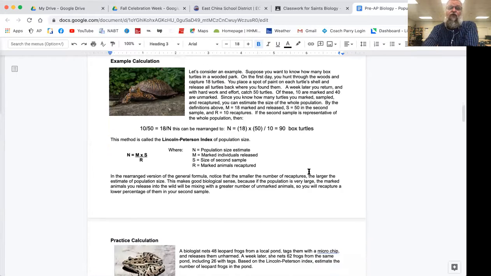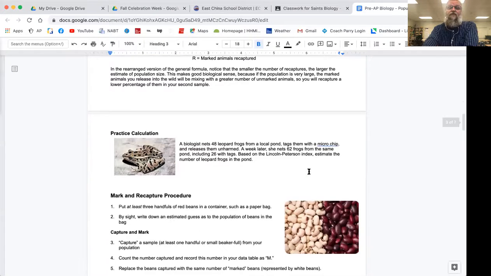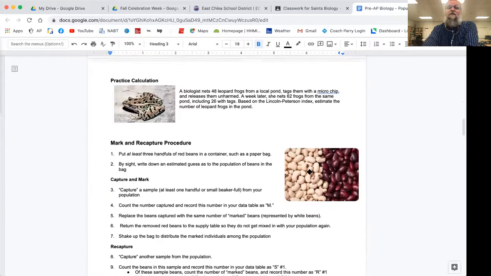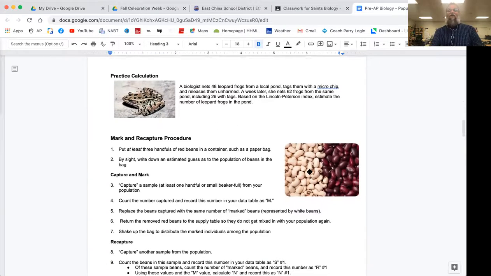So let's scroll further, and now there's another practice problem. A biologist nets 40 leopard frogs from a local pond, tags them with a microchip, and releases them unharmed. A week later, she nets 62 frogs from the same pond, including 26 with tags.